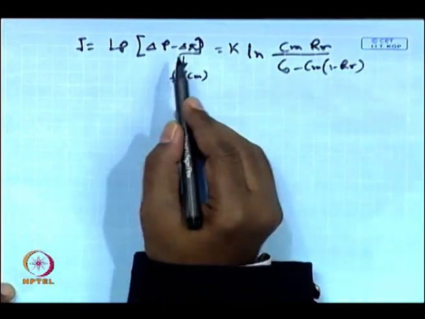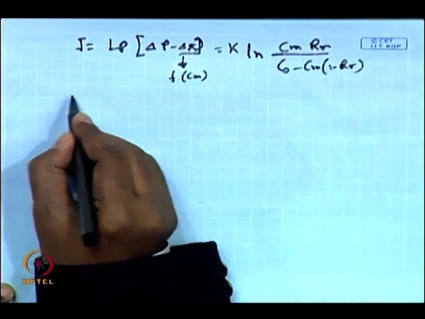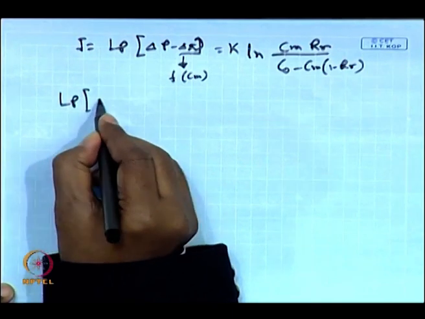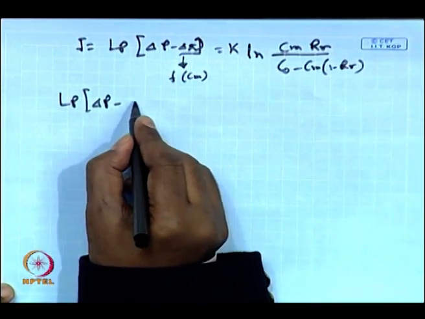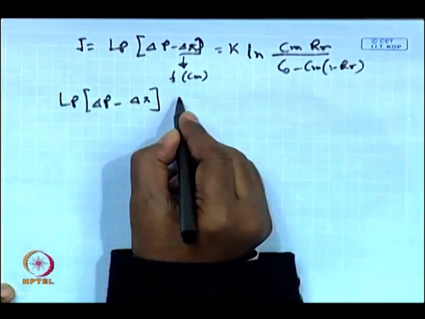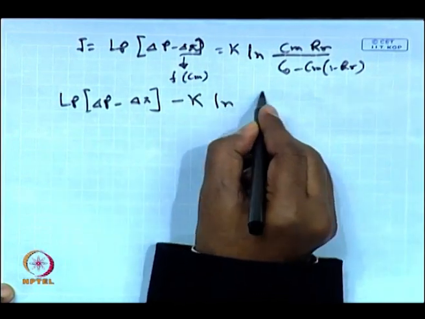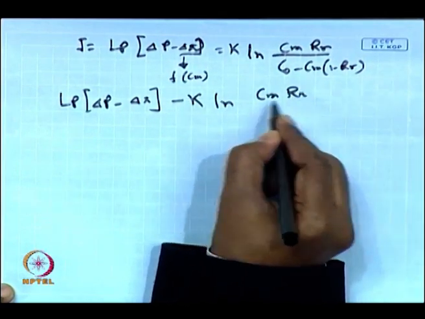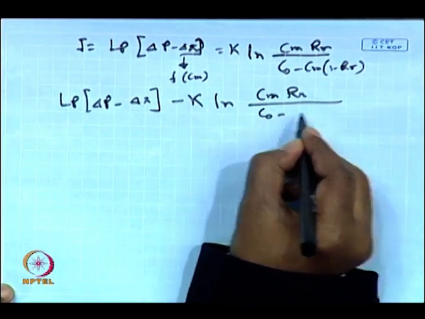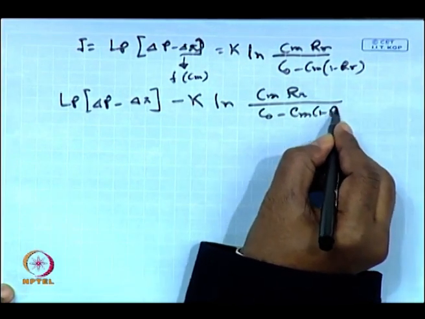So, basically you will be getting an algebraic equation Lp delta p minus delta pi, which is a function of Cm that we have already seen, minus k ln Cm Rr divided by C naught minus Cm 1 minus Rr equal to 0.